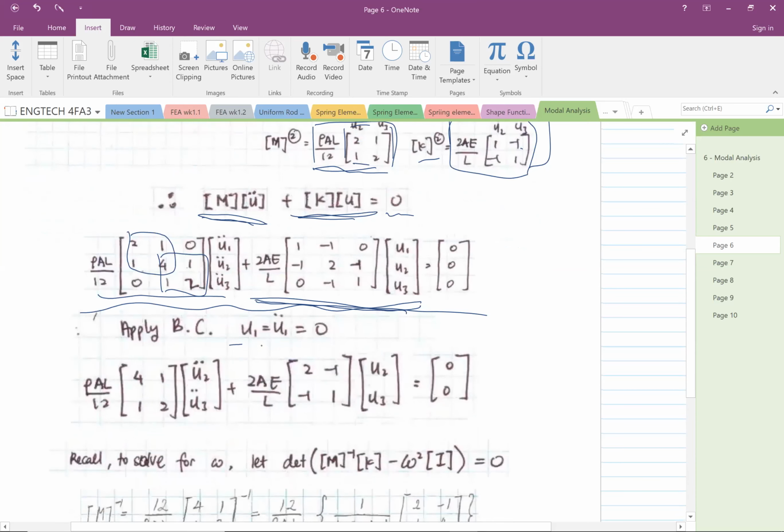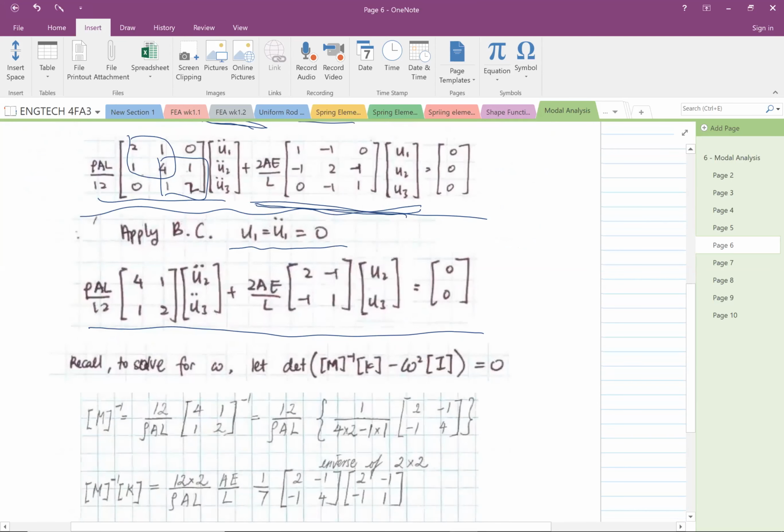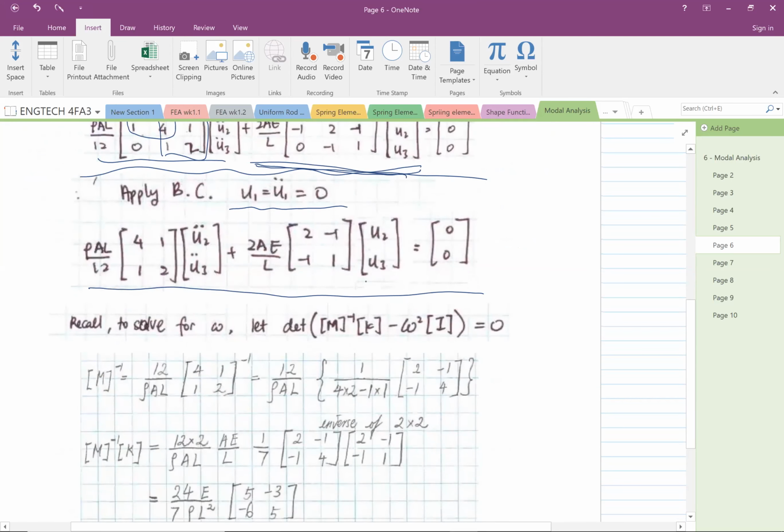You apply the boundary conditions, U1 acceleration equals 0, and you get this. Now it's a bit tricky because it's a 2x2 matrix now, not as easy as before, when we had only a 1x1 matrix. So you have to do more calculations. You have to divide K by mass, and then take the determinant of the expression.